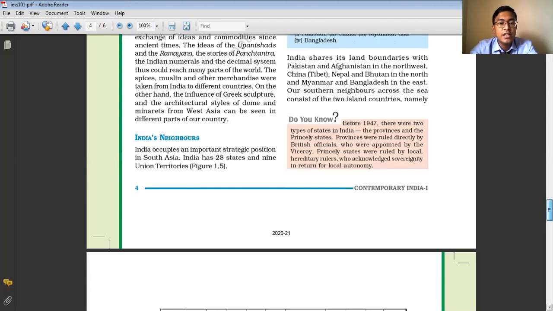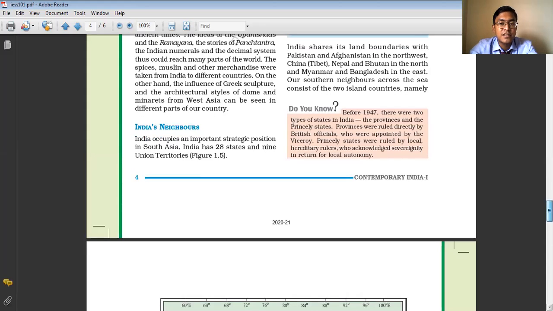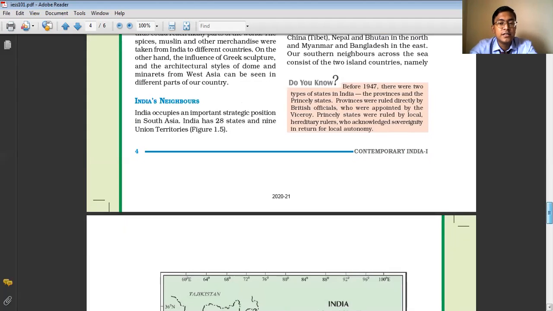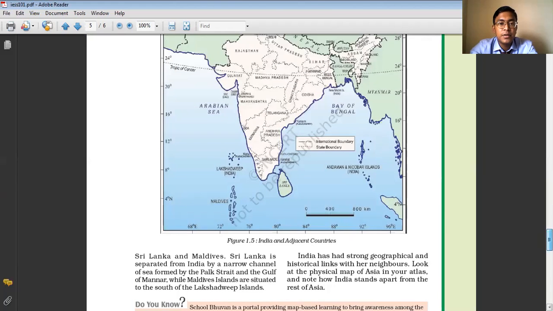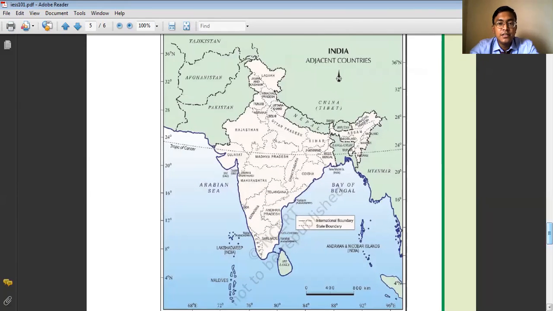This is why India, along with its neighboring countries, is considered a subcontinent. So this is about the chapter India: Size and Location.